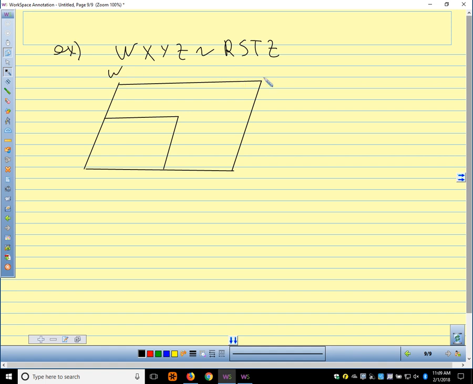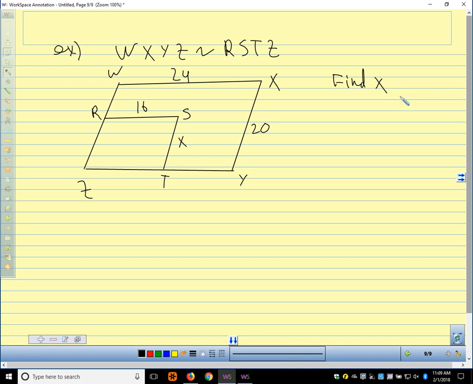All right, here's W, X, Y, and Z. And here is R, S, T, Z. I'm going to say this is 16, and that's x, and that's 24, and that's 20. We want to find x. The problem tells us that those two polygons are similar.